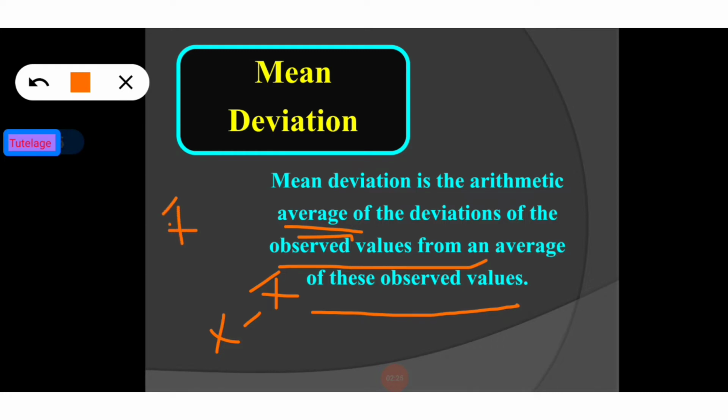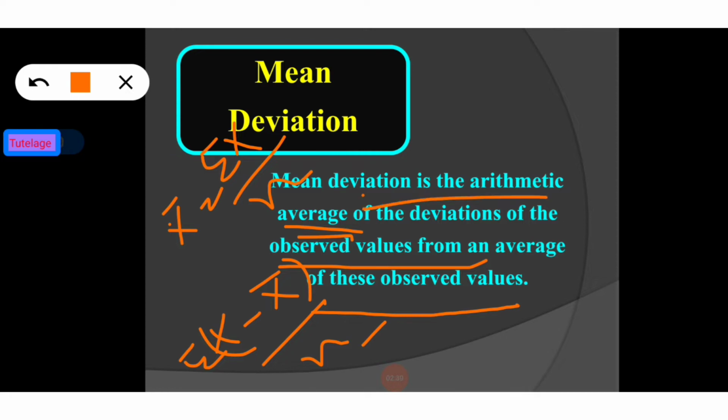Always x bar equals summation x by n. So that's why summation |x minus x bar| divided by n is the formula of the mean deviation. Mean deviation is the arithmetic average of the deviation of the observed values from an average of these observed values. I think this is clear.